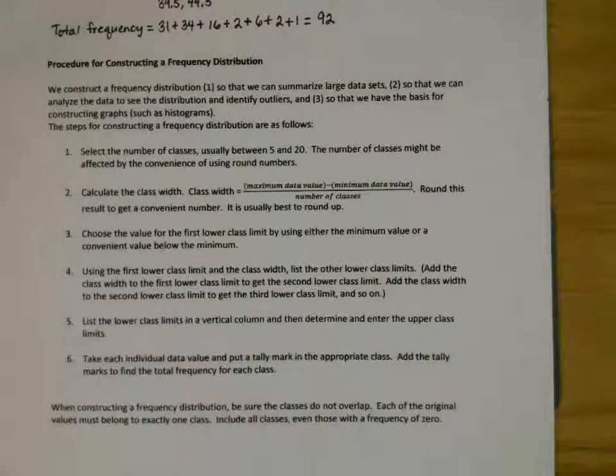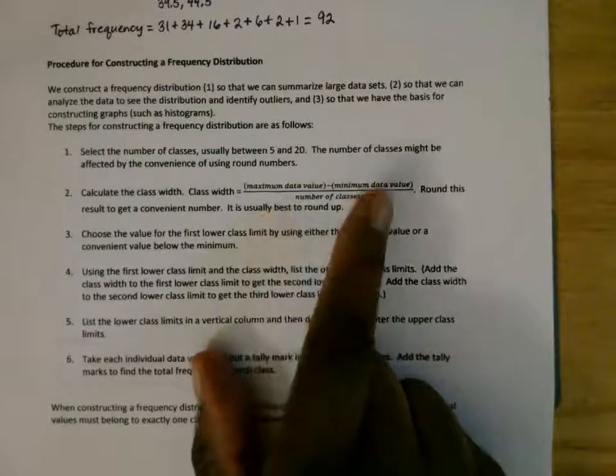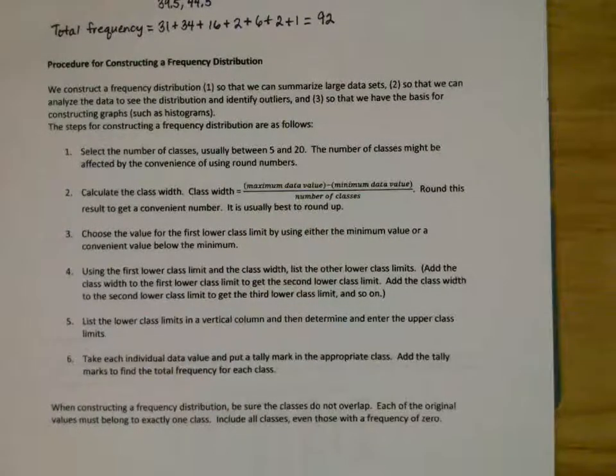And then the number of classes might be affected by the convenience of using round numbers. And then number two, you're going to calculate the class width. To find the class width, you take the maximum data value in that data set minus the minimum data value in that data set. That difference will be divided by the number of classes that they give you.